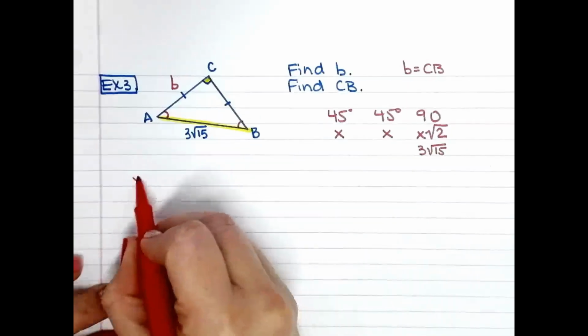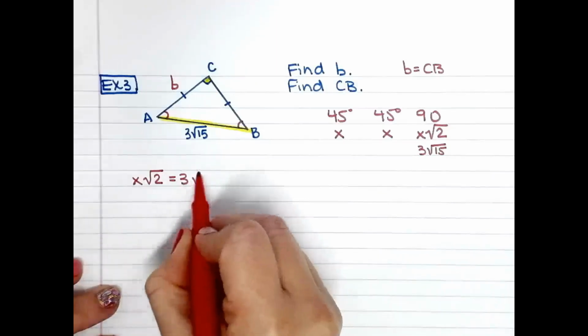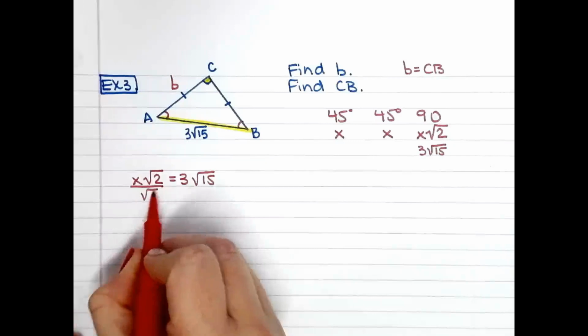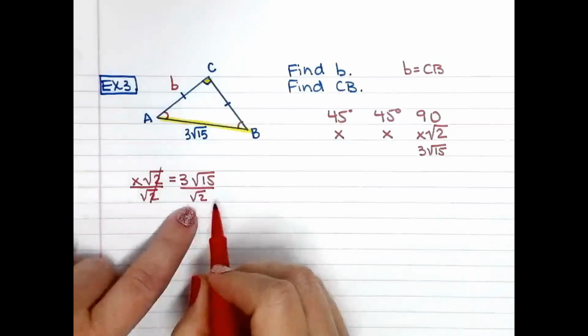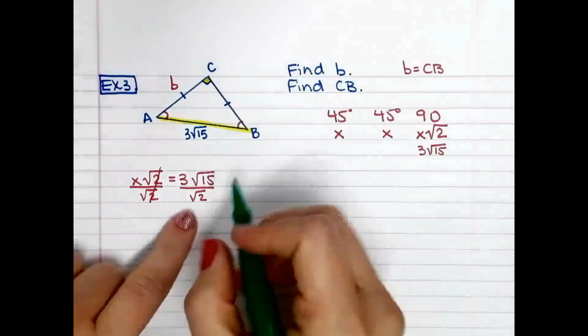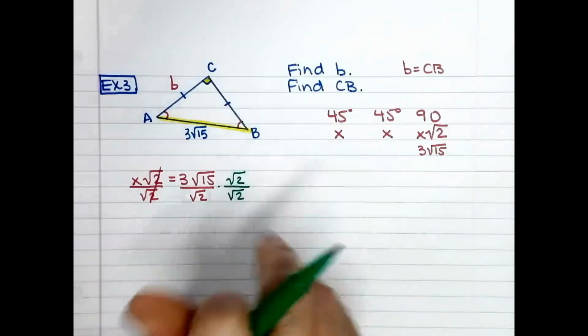I know x square root of 2 equals 3 square root of 15. Like we did in example 2, we need to divide both sides by square root of 2. This would be great, but I cannot leave the square root in the denominator. So we have to rationalize the denominator by multiplying numerator and denominator by square root of 2.